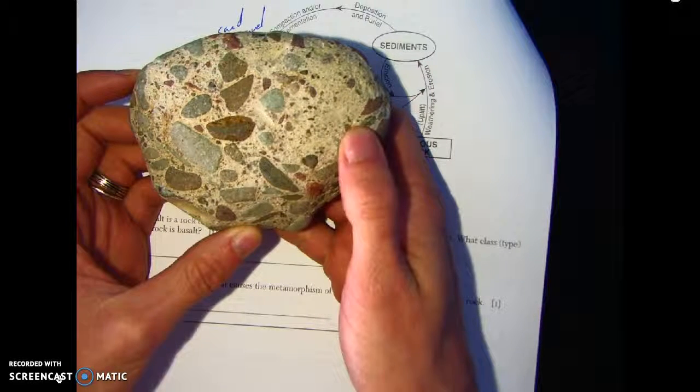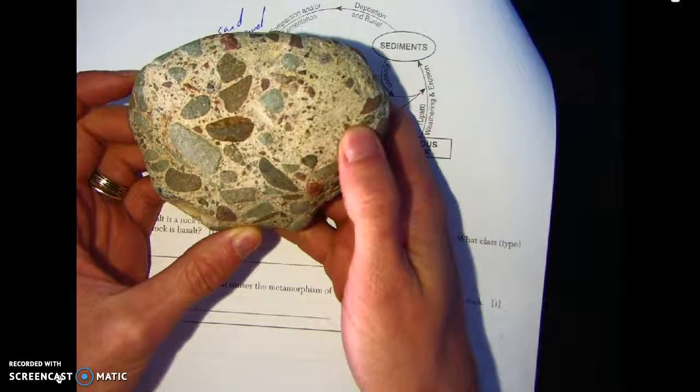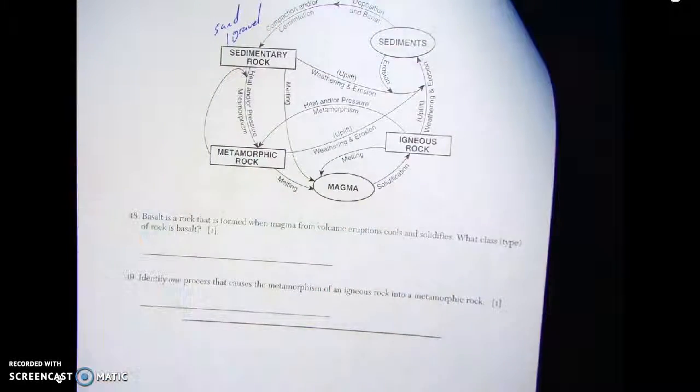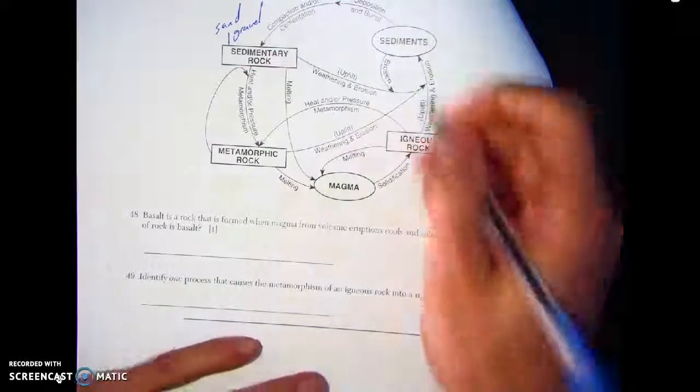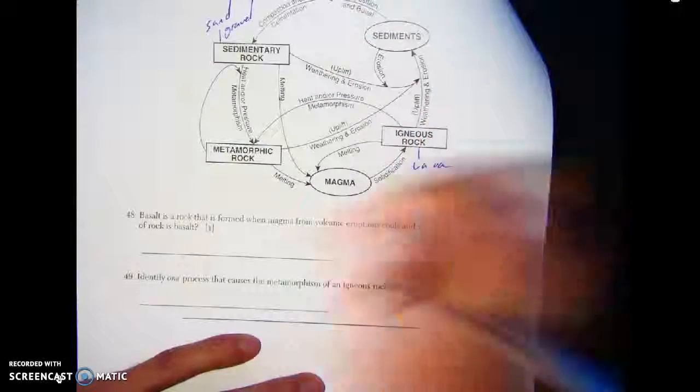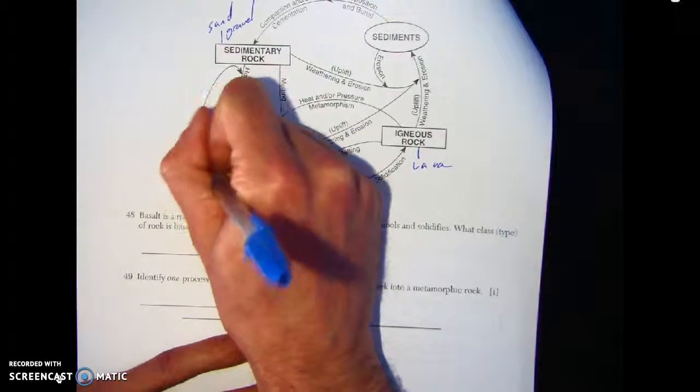Over time, the sand, sediment, soil, and pebbles harden together to form a rock, and that's a sedimentary rock. Igneous rocks are formed from lava cooling, and the metamorphic rocks form from heat and pressure.